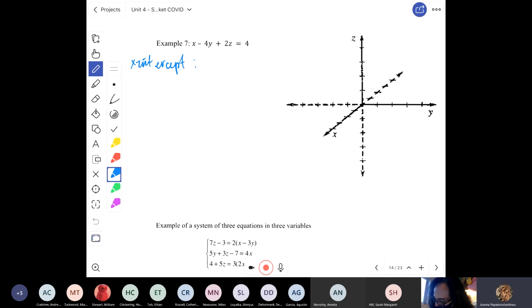What is my x-intercept? Four, 0, 0. So from the origin, where am I going to plot the x-intercept? Forward 4. There's my x-intercept. Now let's graph our y-intercept.